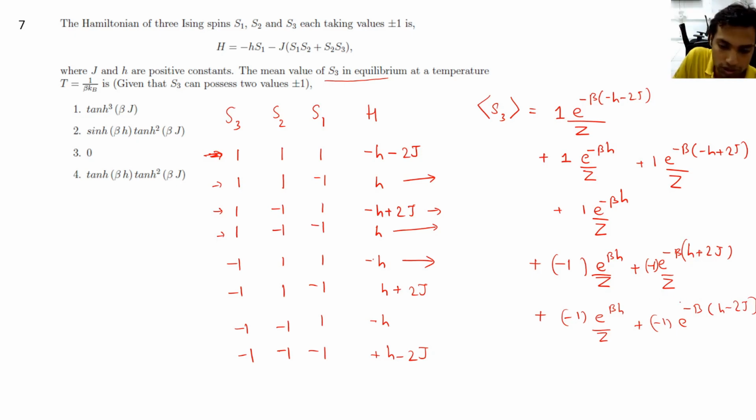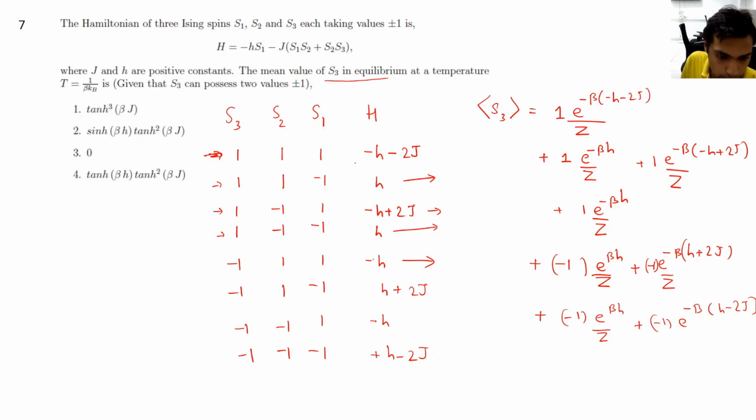now let us find what Z is. So this we have to again simplify. We have to take some terms common, and then we have to evaluate or simplify. So let us first simplify the partition function.